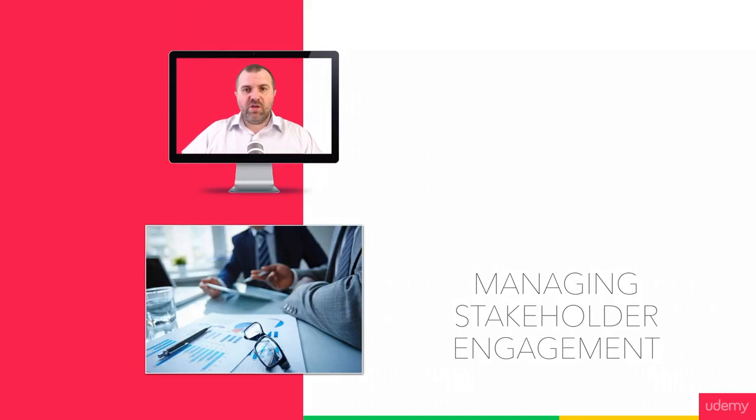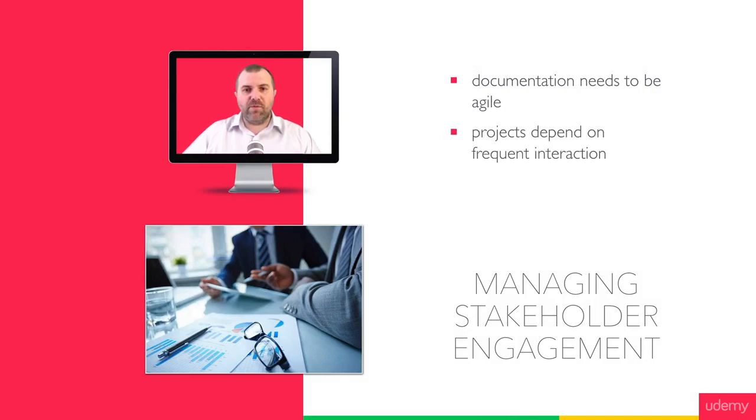For documentation to be agile, it should be easy to navigate, tailored to its audience, lean, relatively stable, and profitable. Agile projects depend on frequent interaction among developers and between developers and other stakeholders. Successful communication depends on the use of simple, clear language and can be aided through the use of models.